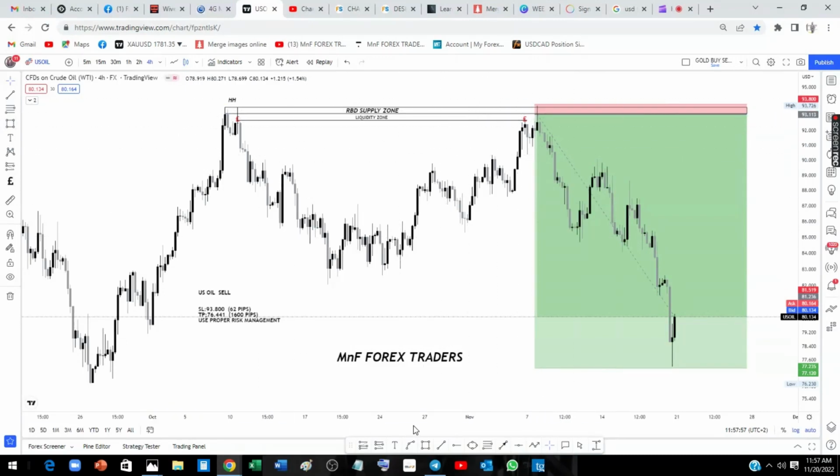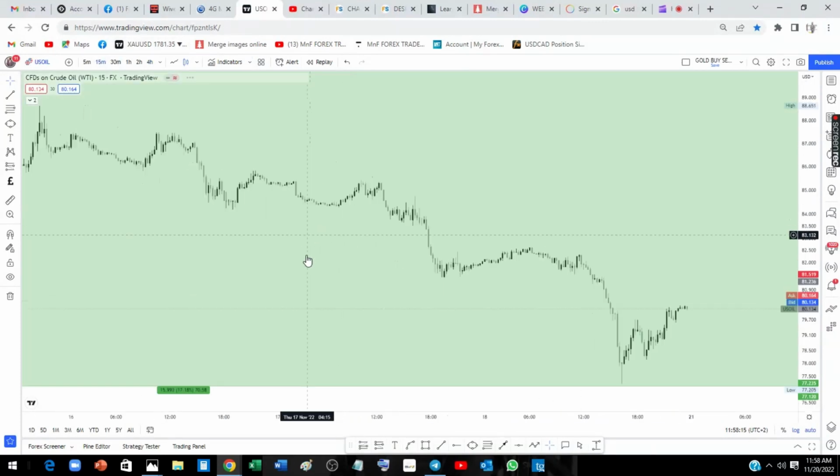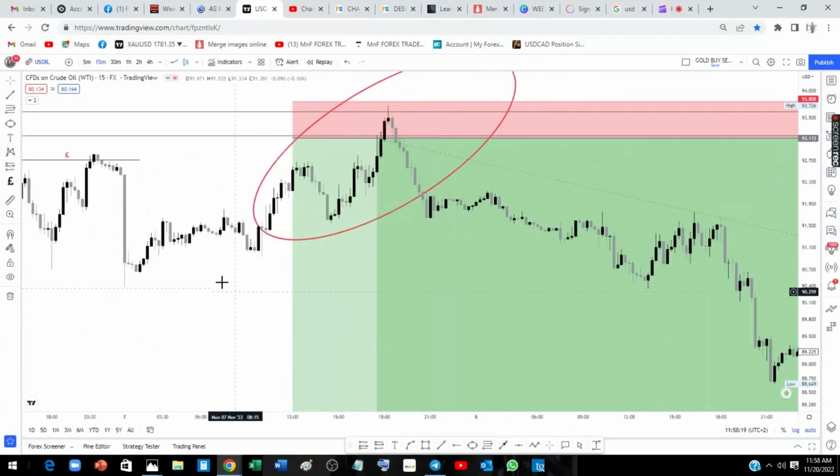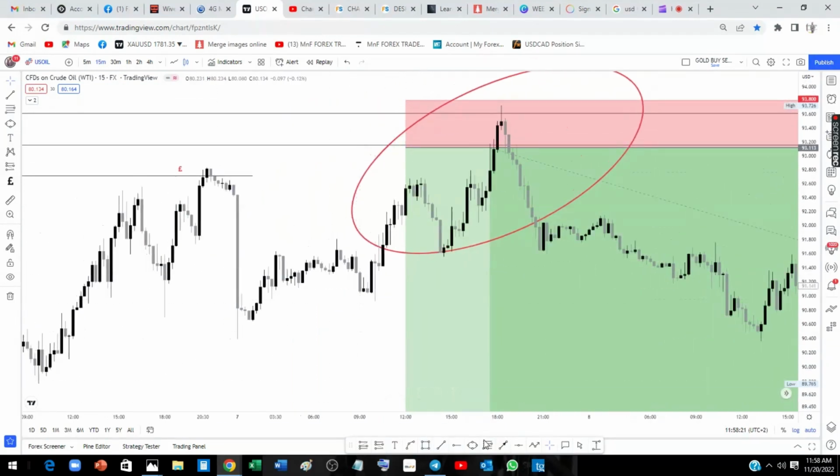You can clearly see that we were given a very nice momentum confirmation candle, which would have been used as an entry signal. Of course, entering on the lower time frame. So you can clearly see we had a nice bearish pin bar right there. If you go ahead and look at what was happening there, you're going to realize that we had a very nice level right there.